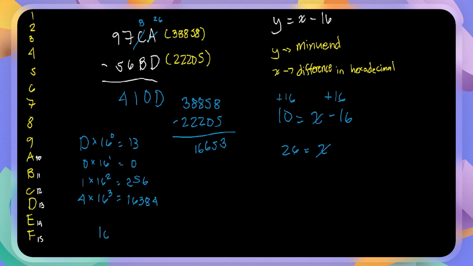So 16,384 plus 256 plus 13 is 16,653. And as you can see, we have the same answer. So that's how you subtract in hexadecimal.